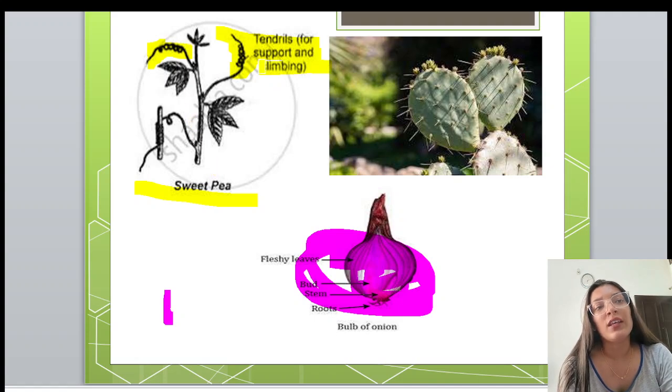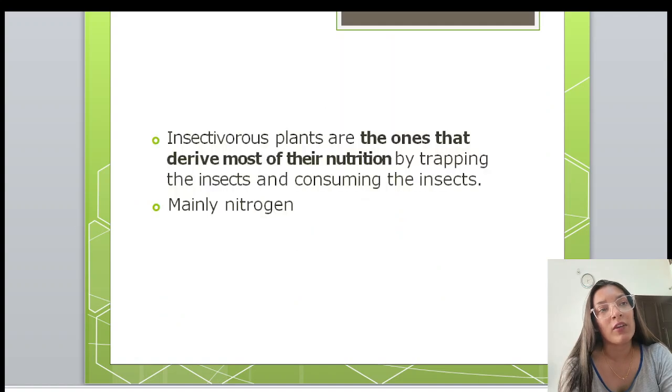Why? Because if there are too many leaves, it will become heavy on the stem, and the stem is already weak, so there are chances that it might break. That is why the leaves are modified into wiry coil-like structures which are comparatively lightweight, and they can support the stem. So these are the three types of leaf modification.